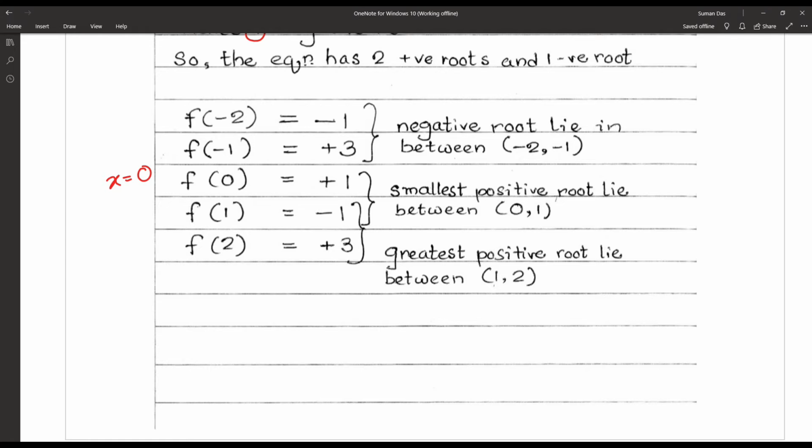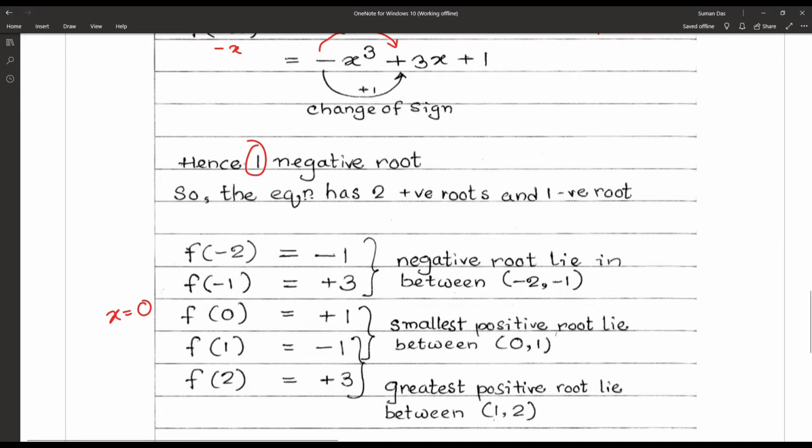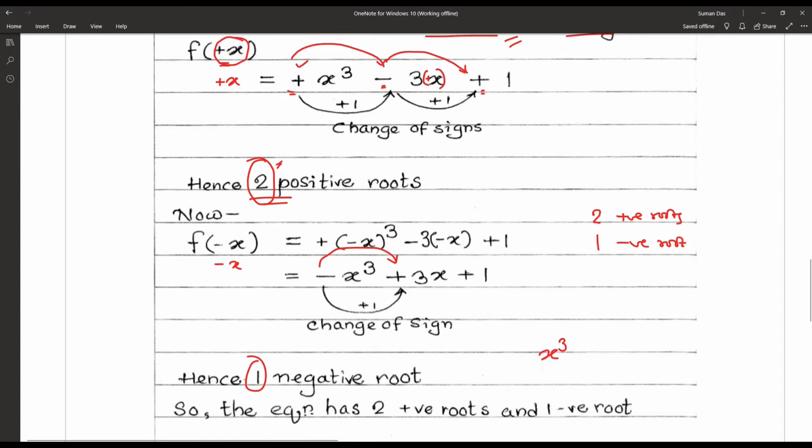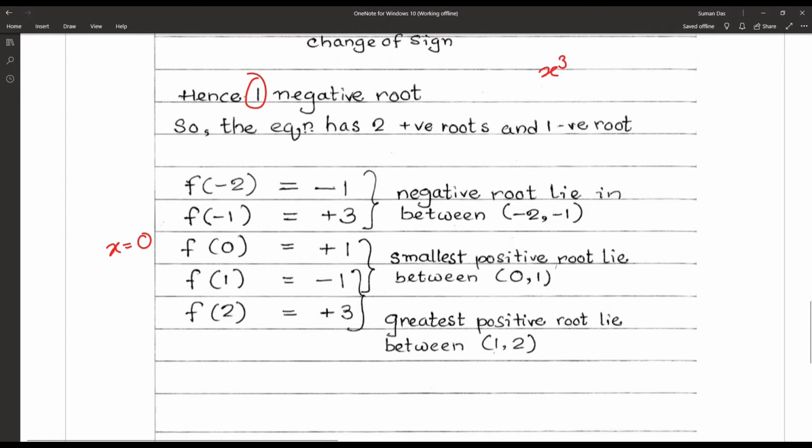So when we put x as 0, the equation is x cube minus 3x plus 1. When we put the value 0 here, we get the result as only plus 1.